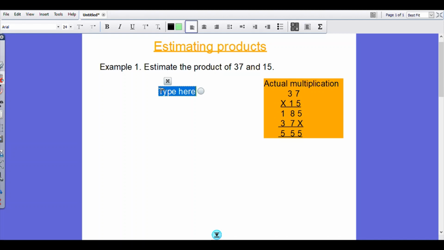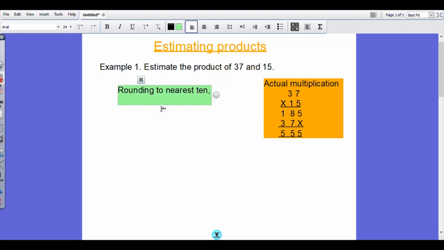Now, estimating the product by rounding to the nearest 10. First we round the numbers to the nearest 10.